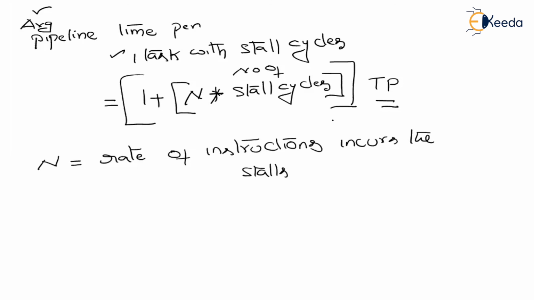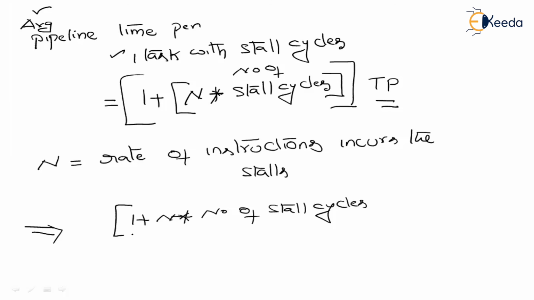Same in the pipeline system, average time required for one task, including the stall cycles, is 1 plus, I will rewrite it here, 1 plus n into number of stall cycles into Tp. This is the thing, in which n is the rate of instructions that incur the stalls. Okay, so these are the rules that are needed to be digested before you solve any pipelining question.